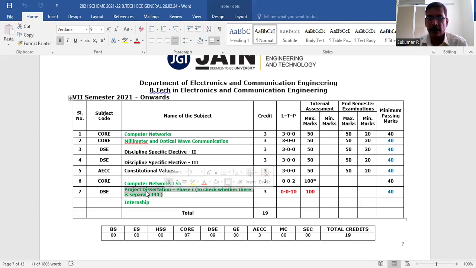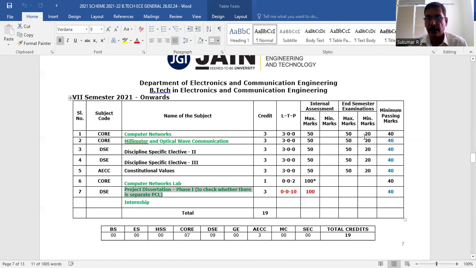They will identify the correct guide who will match to the title that you are choosing. That is the domain, like networking or image processing or core domain. So accordingly, you'll be allotted one project guide. So that will be taken care of by the project coordinator.